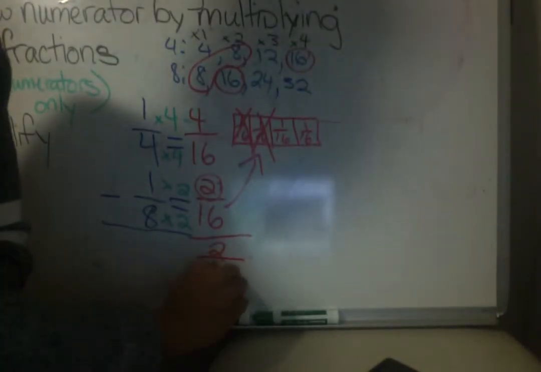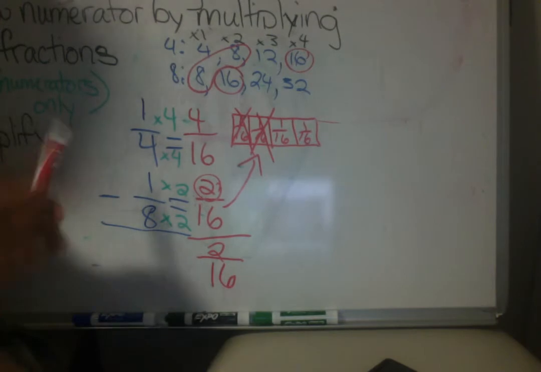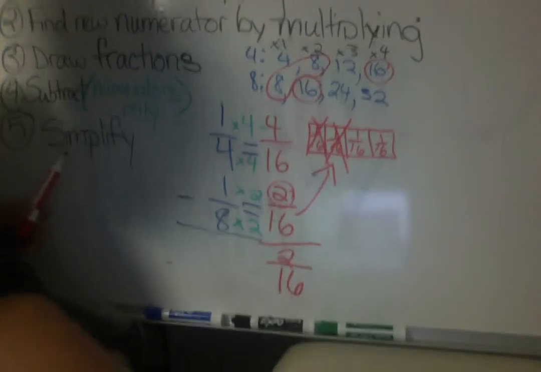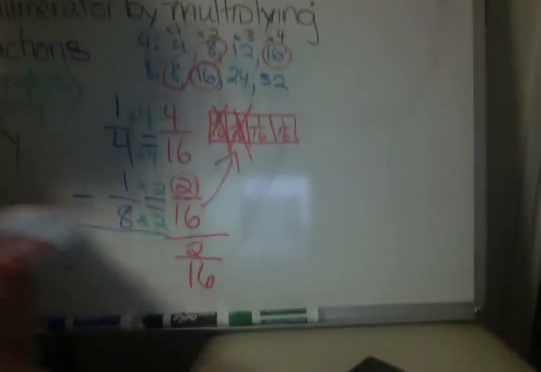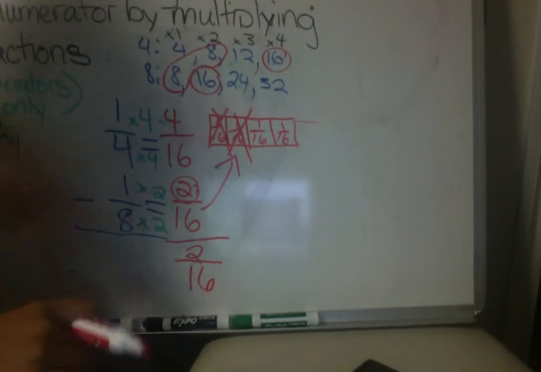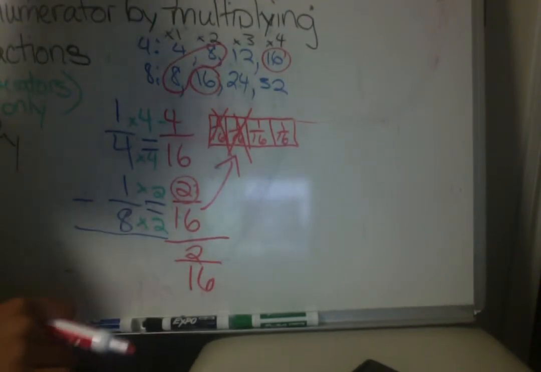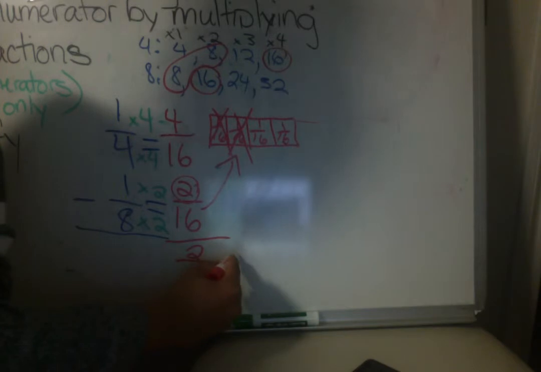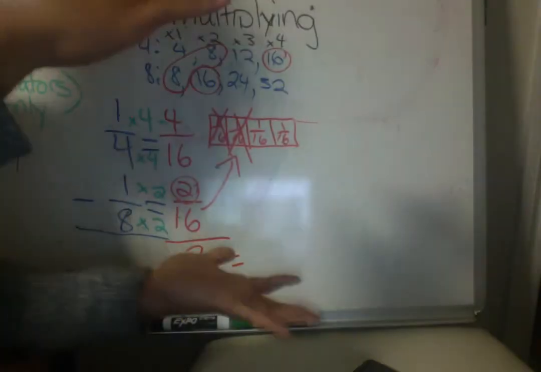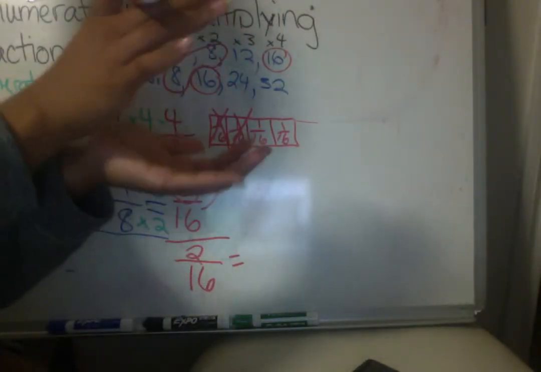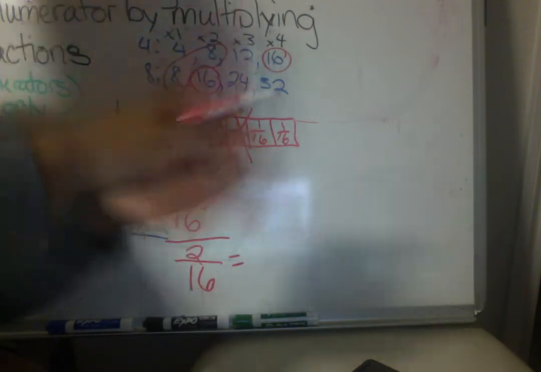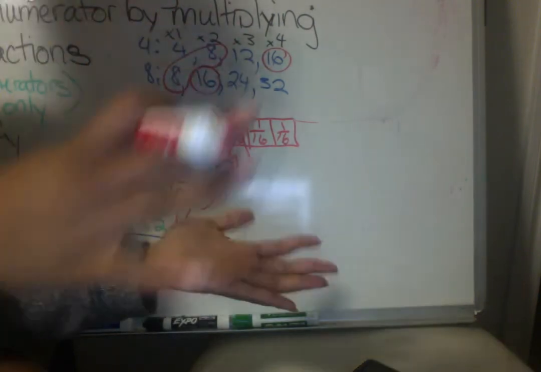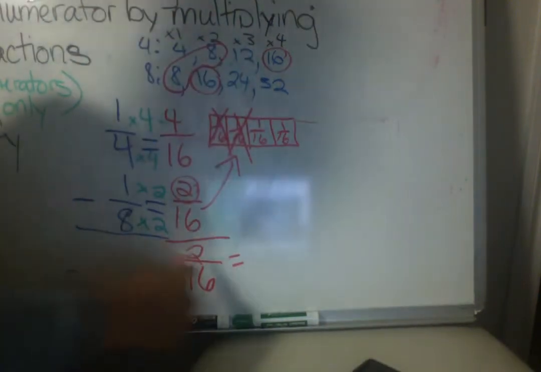Denominator does not change. Now, here we can use step 5 where it says simplify. Here's a perfect example. If we remember with simplifying, we're trying to get to the smaller numbers, right? So I'm not going to add, I'm not going to multiply, and I can't subtract.